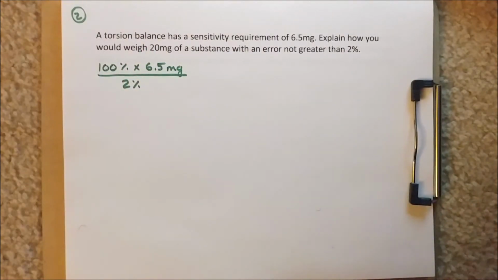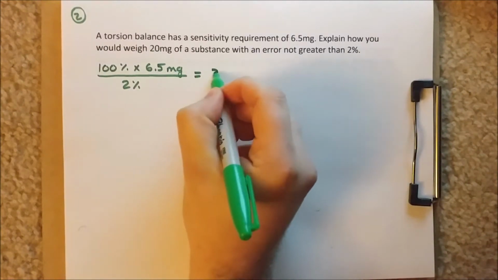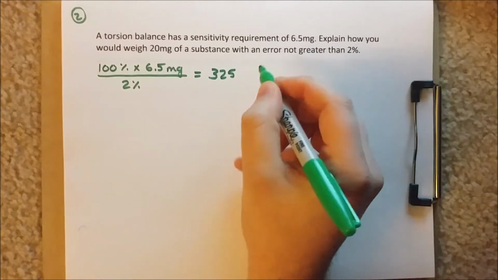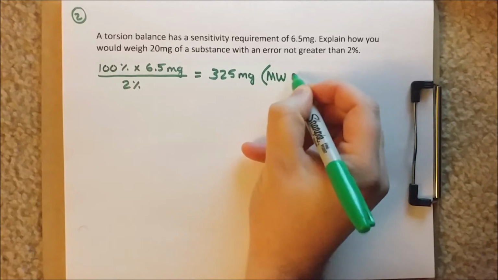So that is 100% times 6.5 milligrams, which is our sensitivity requirement, and 2%, which is our error. Go ahead and calculate that, and that is 325 milligrams. That is our minimum weighable quantity.